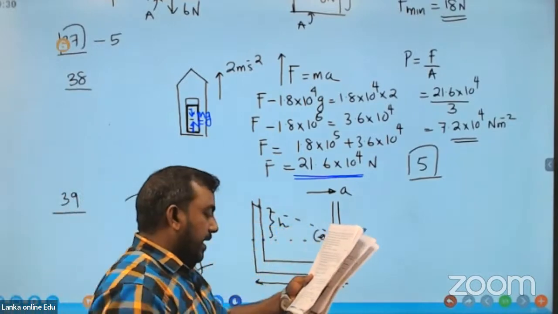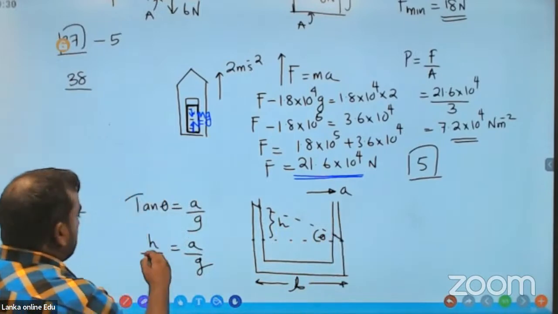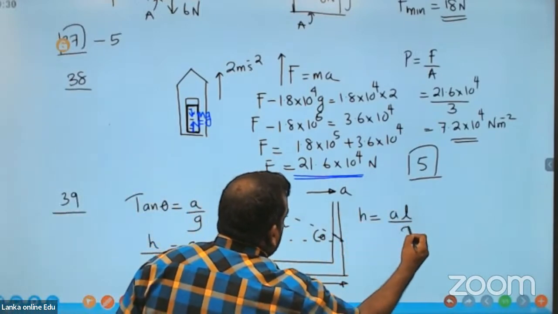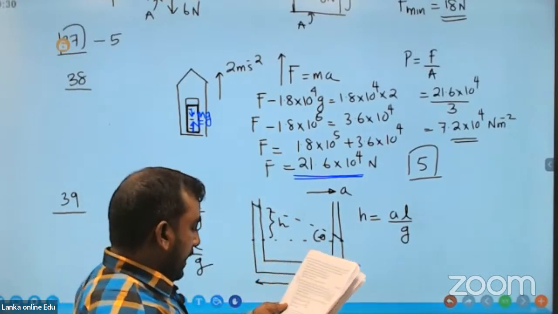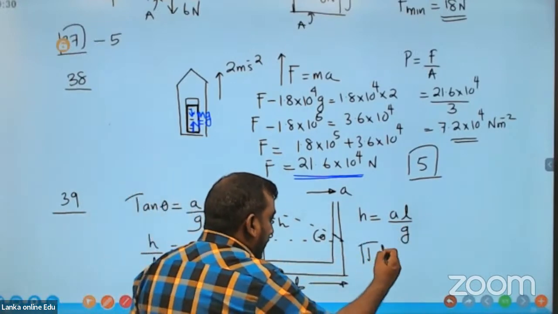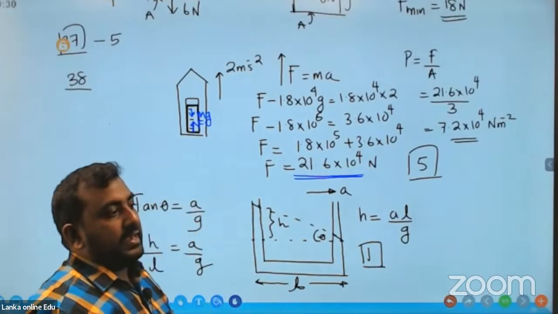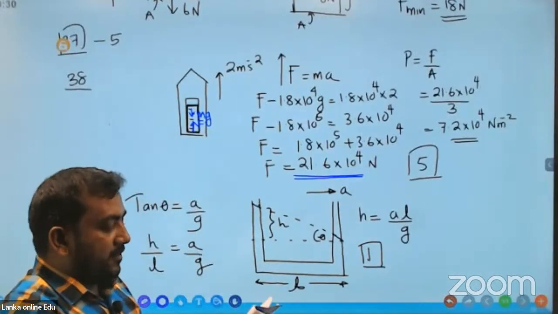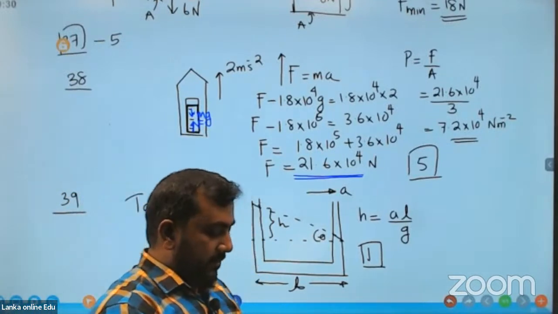What are they asking you? Difference in level. H is equal to aL divided by g. You have answer number 1. These are very direct questions.